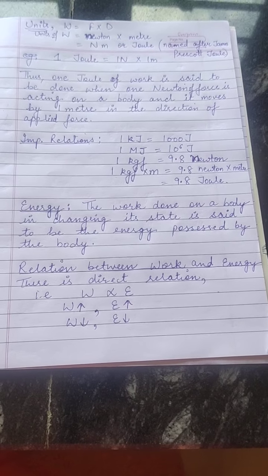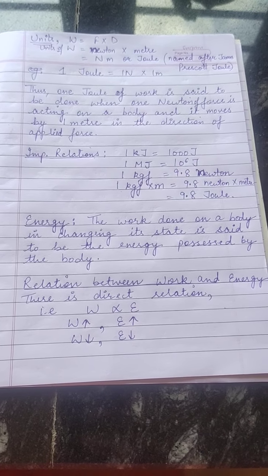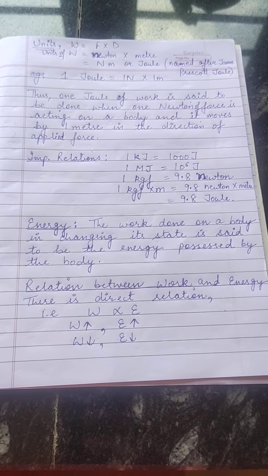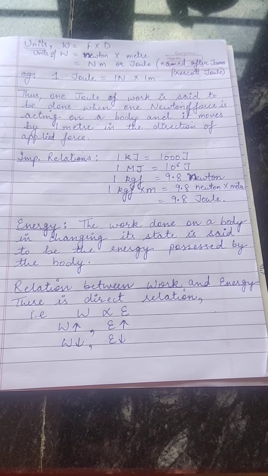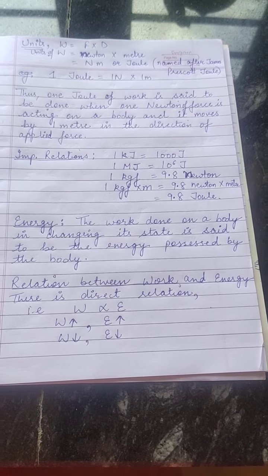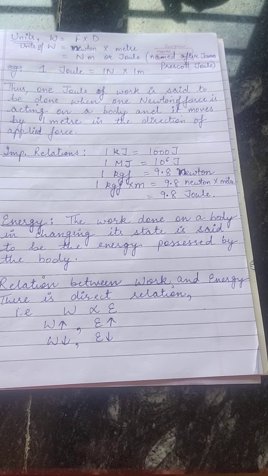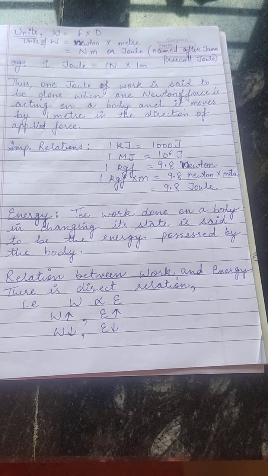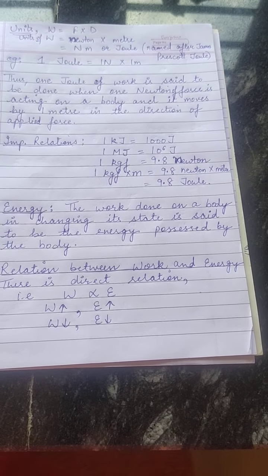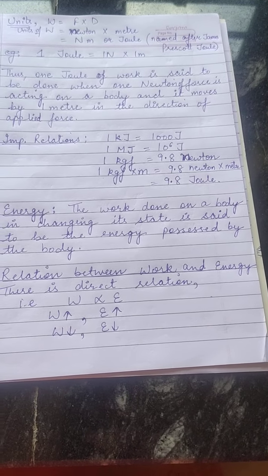So for example, if we say that a boy is playing football, he runs all over the field, so his energy is spent in doing work. He will continue to play as long as he possesses some energy. If he doesn't have any energy, he will stop playing.